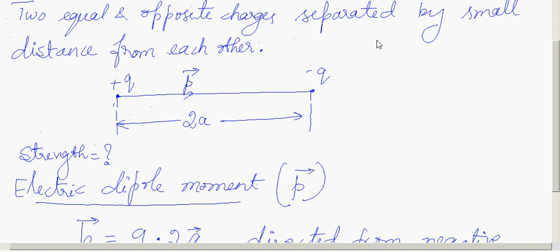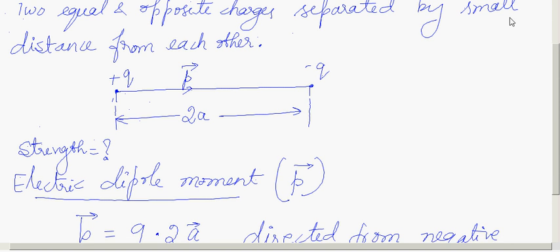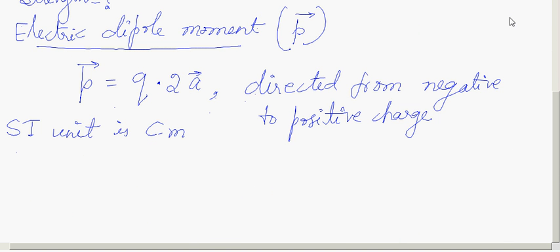Now we know what is electric dipole and how we can measure its strength. Next we will see the electric field at any point on the axis of a dipole.